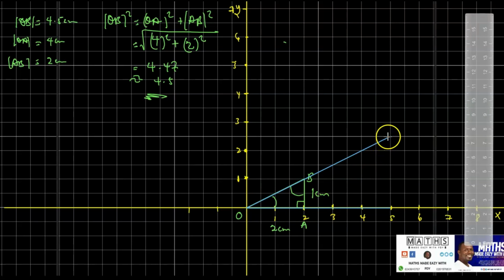And then I have my vertical height here. From whatever I'm having here, here is going to be B1, here is going to be A1. Do you agree that it's just an enlargement of triangle OAB that has given me triangle OB1A1?